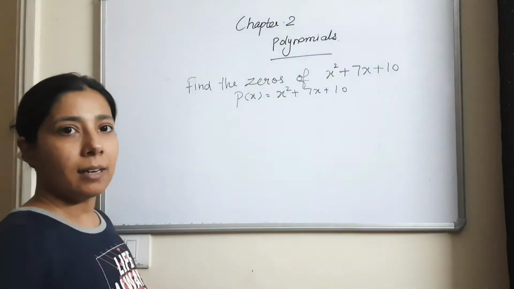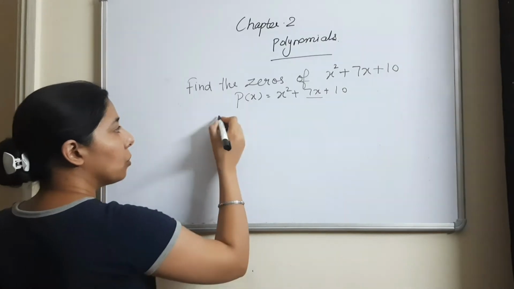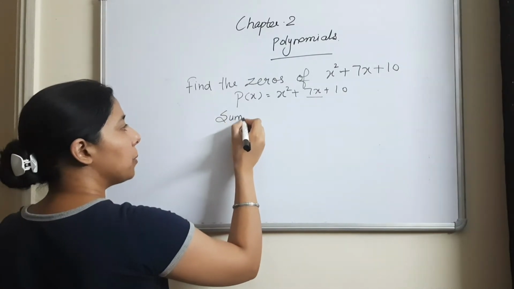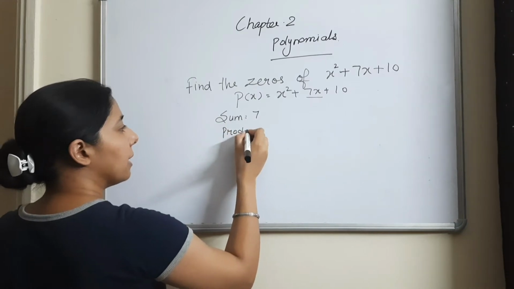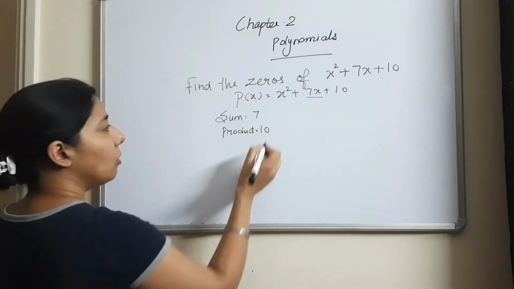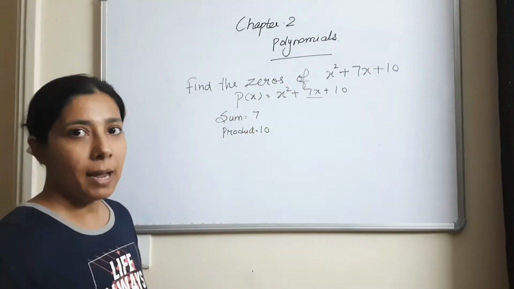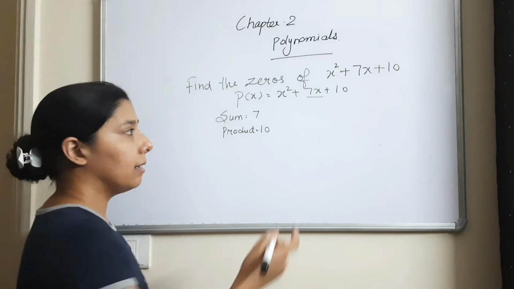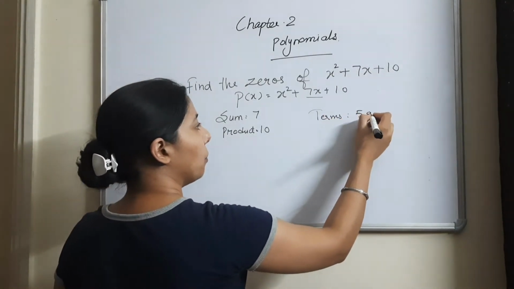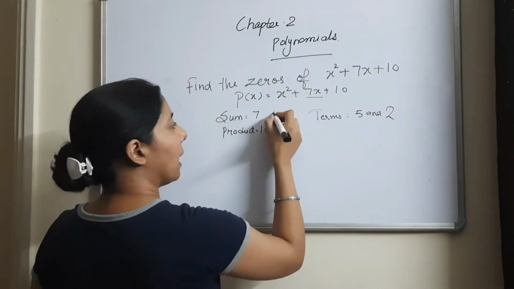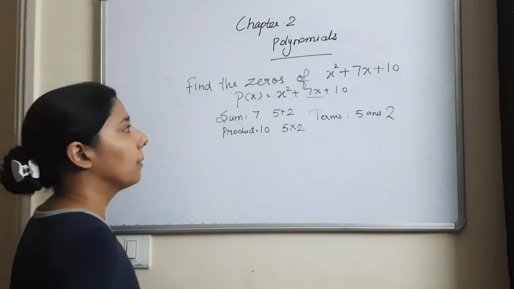We will be using the method of splitting the middle term, so that the sum of the two terms will be 7 and the product will be 10. Think of two terms on adding which we get 7 and on multiplying we get 10. The terms are 5 and 2, because 5 plus 2 is 7 and 5 times 2 is 10.